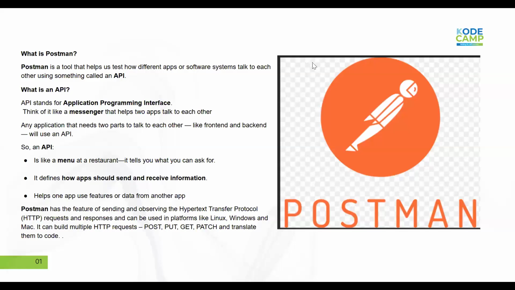I said that you should think of an API as something that communicates between two different things. Just imagine, as in the example I gave earlier, you go to a restaurant and you want to order food. You tell the waiter that you want to order food. There is a waiter and there's a chef.